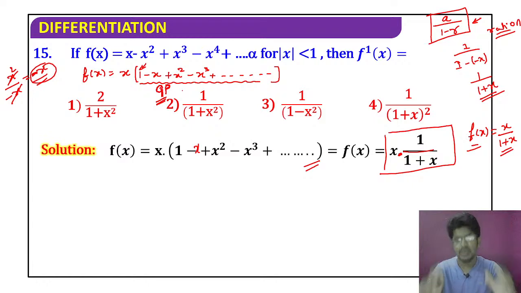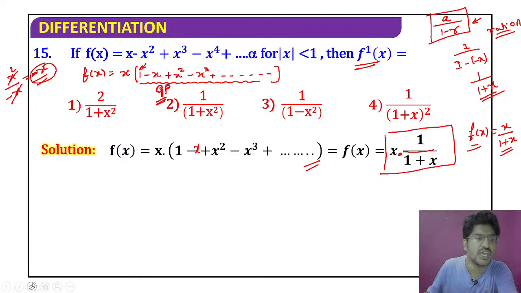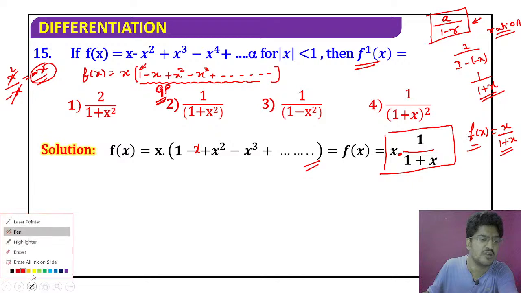In JEE Mains and KCET, they take one question which is a combination of 2 or 3 chapters. For example, here geometrical progression and differentiation. They are asking what is f dash of x. So this type of question you can expect in your KCET also.